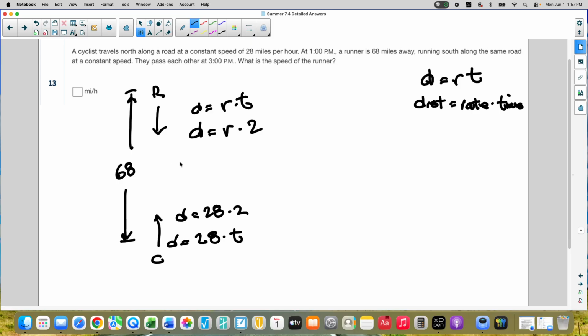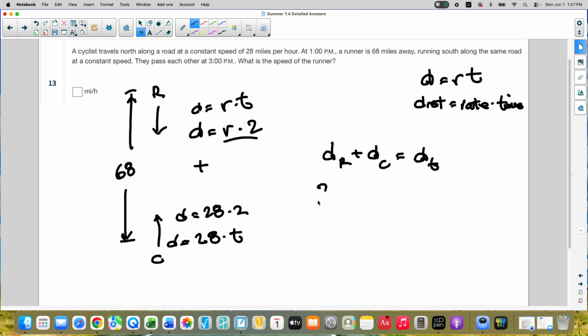And if we add these two distances, it should equal 68. So the distance of the runner plus the distance of the cyclist should equal the total distance. The runner's distance is 2R.